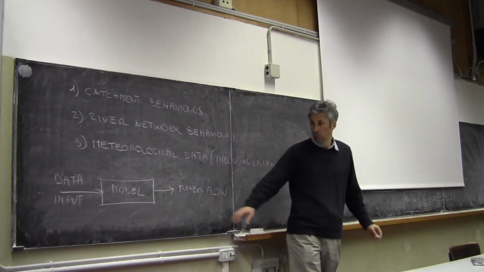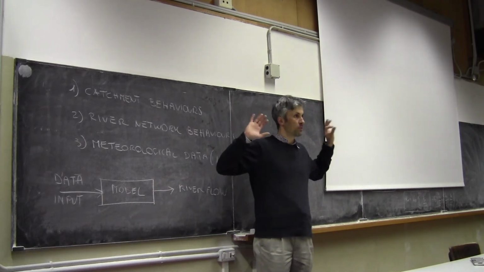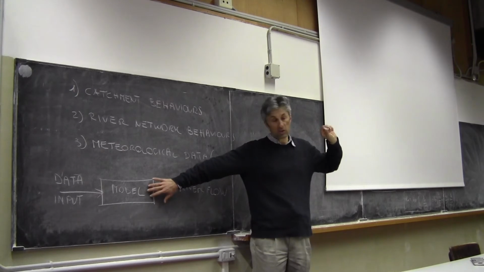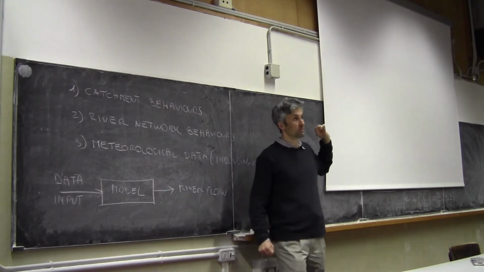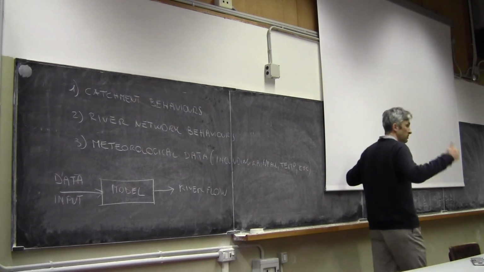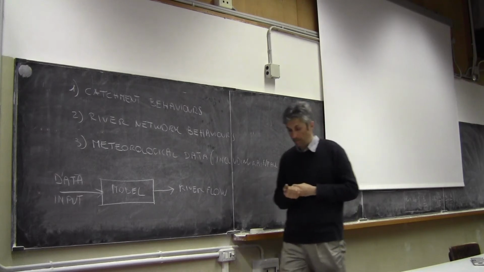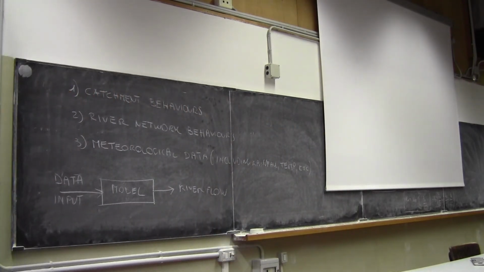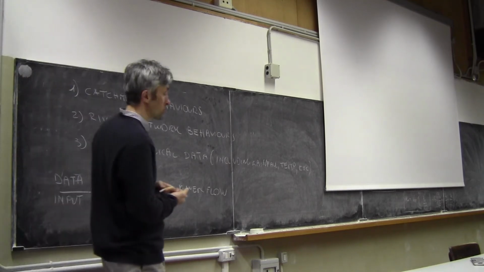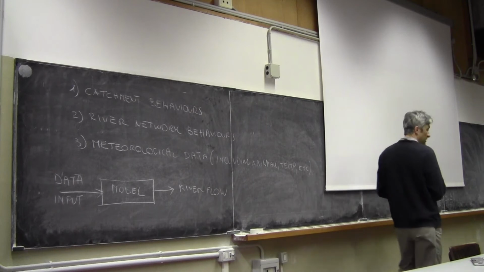And this box that I called model can be of different types, of course, and in general is given by a system of equations. Minimum of one equation, in general, a system of equations. So it's a mathematical model.